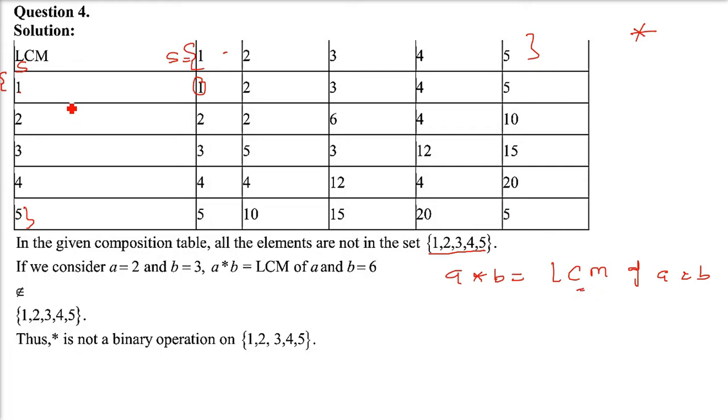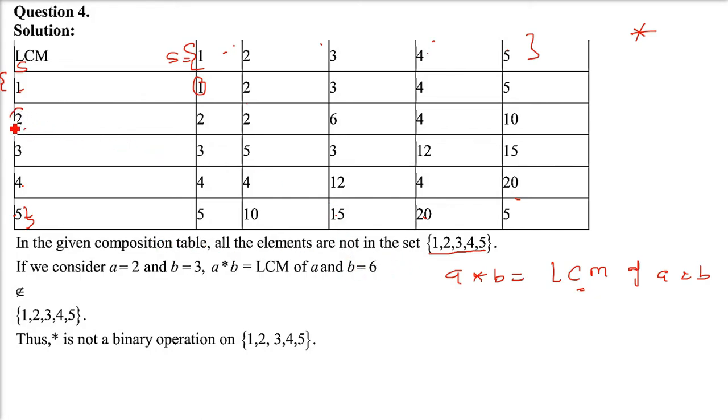For example, 1 and 1. What is the LCM of 1 and 1? 1. So let us take a proper example here, and then you'll see how the values are coming. All these are basically the multiplication, but LCM is not always the multiplication. Mainly here it is shown as the multiplication.